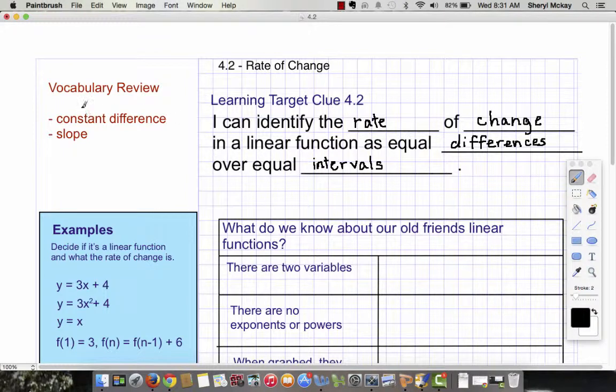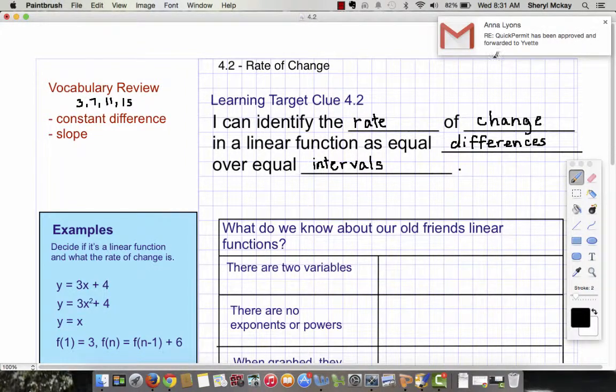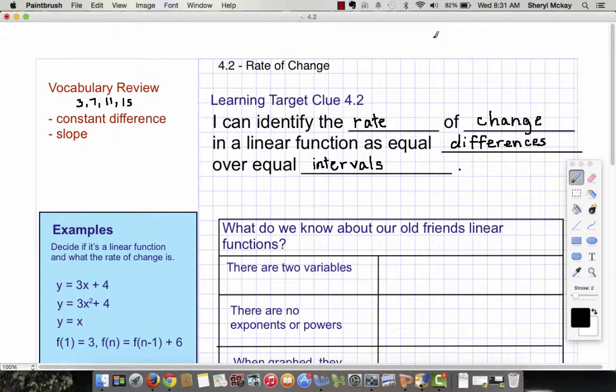If we had the sequence 3, 7, 11, 15, you would say that's an arithmetic sequence because it has a constant difference of 4. We add 4 each time. So the constant difference is the number that we add to a term to get the next term.